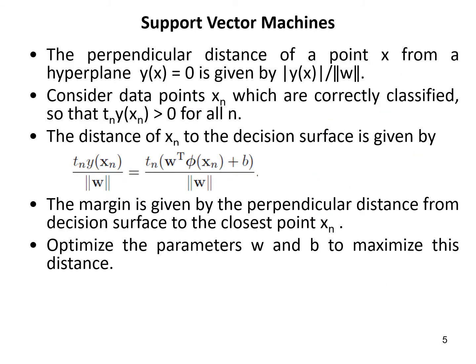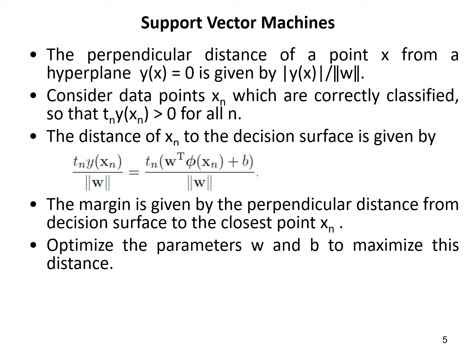The perpendicular distance of a point x from a hyperplane y(x) = 0 is given by the magnitude of y(x) divided by the length of w. Consider data points xn which are correctly classified so that tn y(xn) is greater than 0 for all n. Then the distance of xn to the decision surface is given by tn y(xn) divided by the length of w.